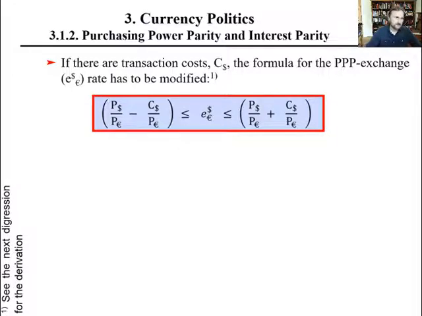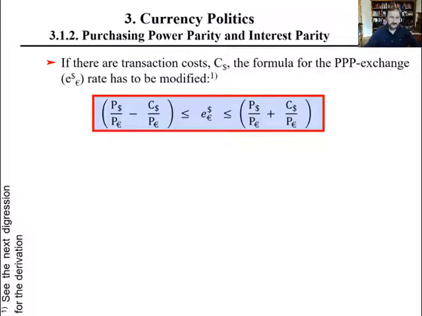You find the mathematical derivation of this inequality formula in the following digression, which I will not discuss. But it's quite simple to derive this formula if you take a look in the following digression.